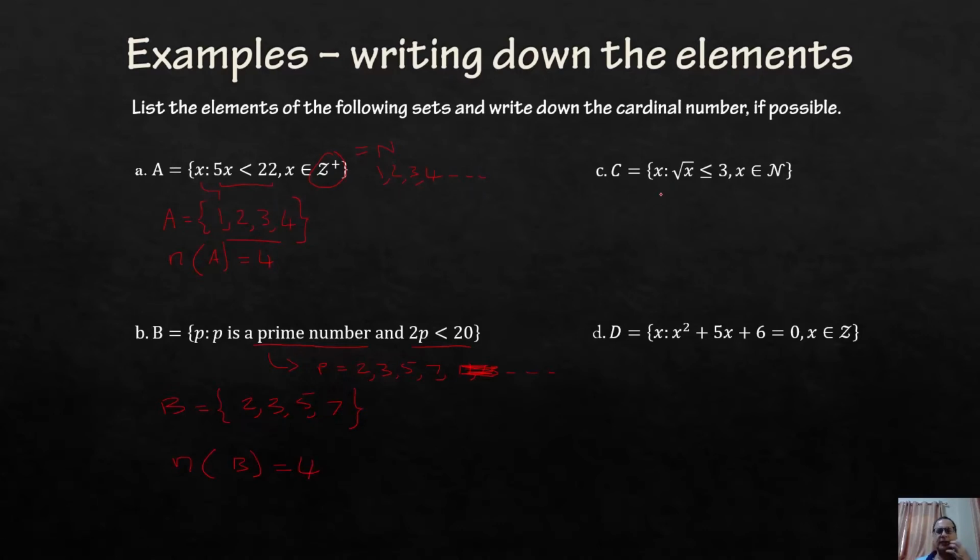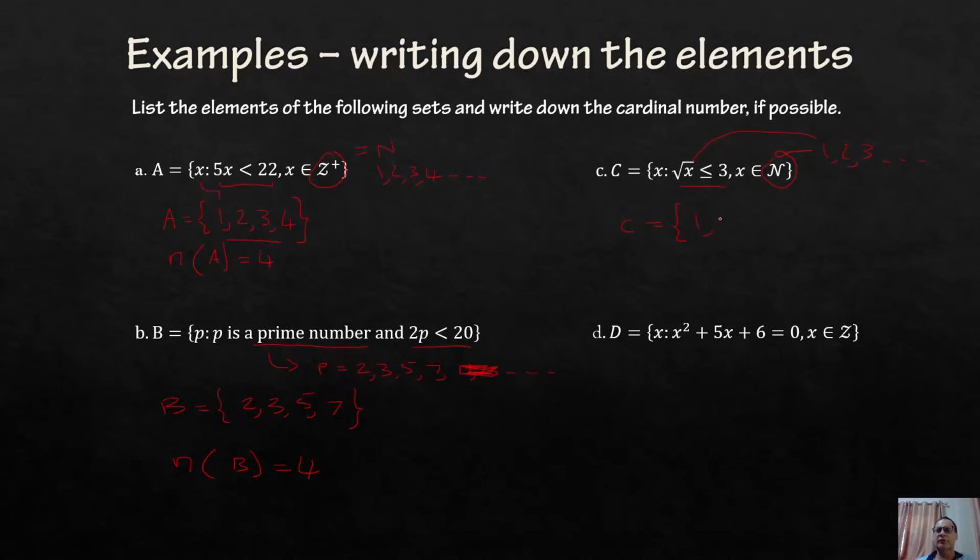In question C, we're looking at natural numbers. So 1, 2, 3, and so on. Our restriction: the square root of the number must be less than or equal to 3. So what numbers could they be? What's the square root of 1? 1. Is that less than or equal to 3?